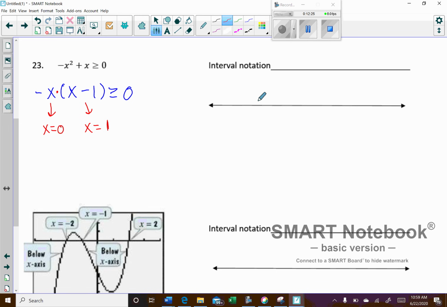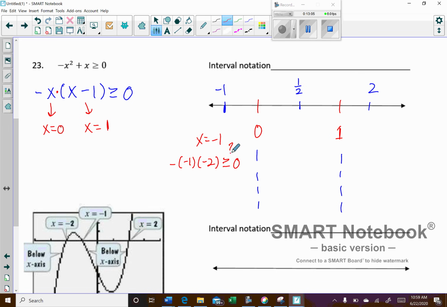So we'll put 0 here, we'll put 1 here, and we're going to have to test something over here like negative 1, then something right here like 1/2, and then something over here like 2. So here we go. x equals negative 1, so when I plug in negative 1 here, that would turn into a negative 2 when I subtract that 1 from it, is greater than or equal to 0.